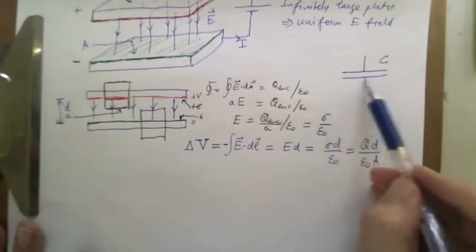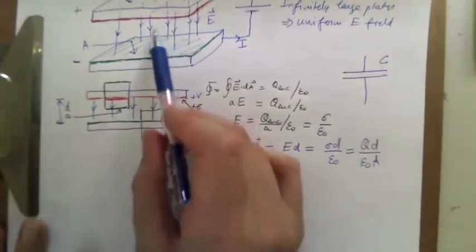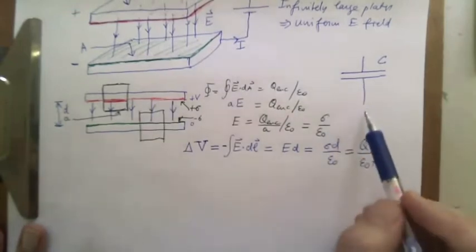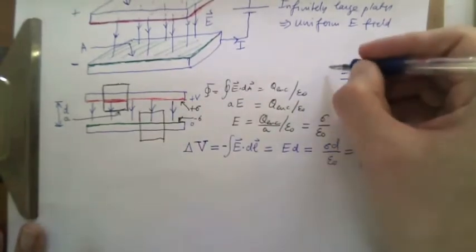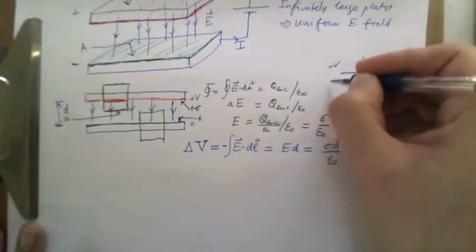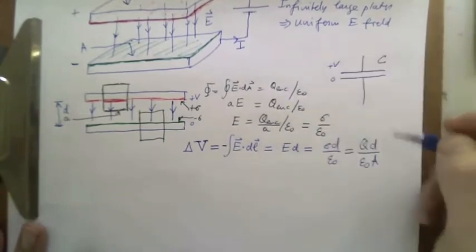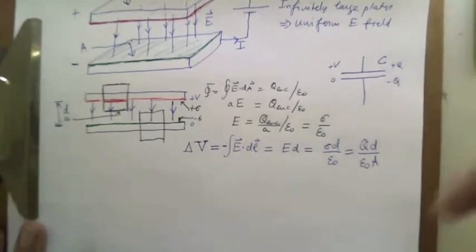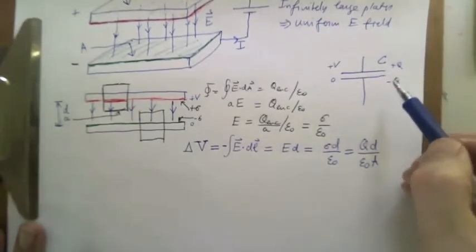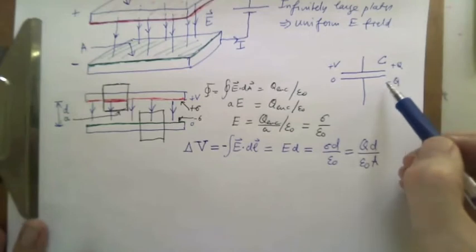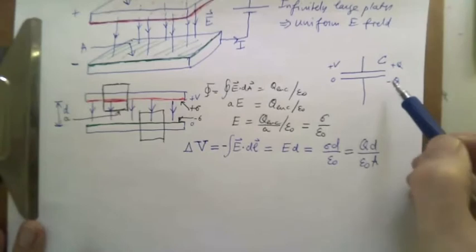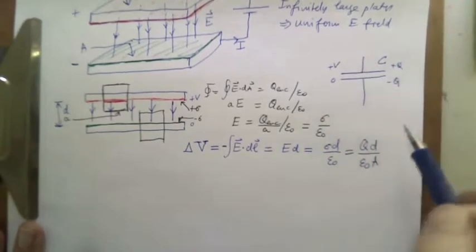And of course, they choose the symbol because it looks like a parallel plate capacitor, which is the easiest way to build a capacitor. In that case, one is going to be at some voltage plus V, and the other at some voltage 0. And the charge is going to be plus Q and minus Q here. So there's a net charge difference between here and there of 2Q. So you might end up with factors of 2 if you're not careful about how you define this.